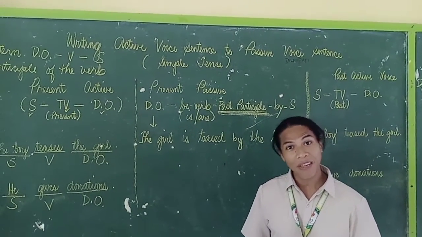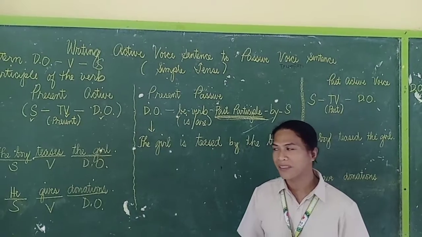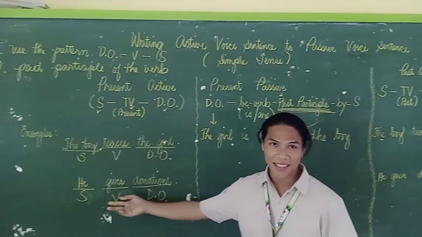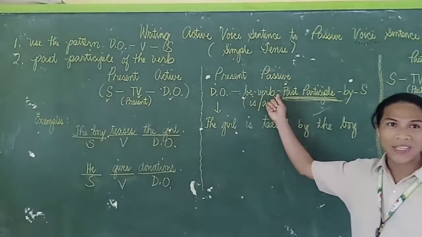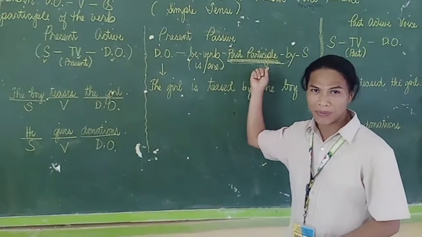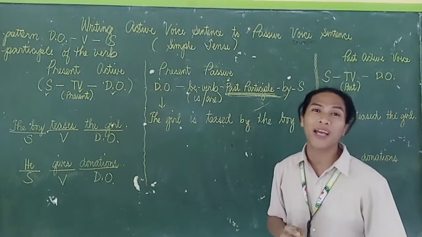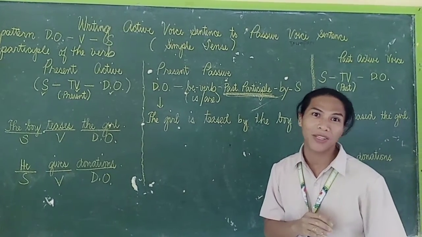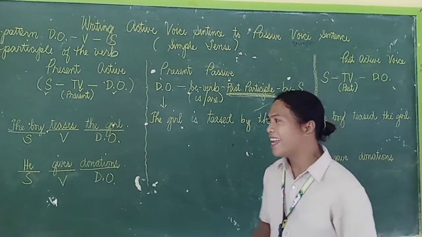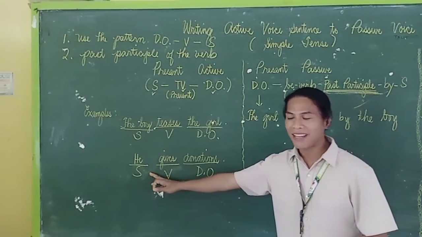If it is difficult, okay, let us lessen our difficulty by having this next example. Again, just use the pattern provided for you. Very easy. All you have to do is to substitute. You should know the past participle of your verb. Okay, let's try. Next sentence.